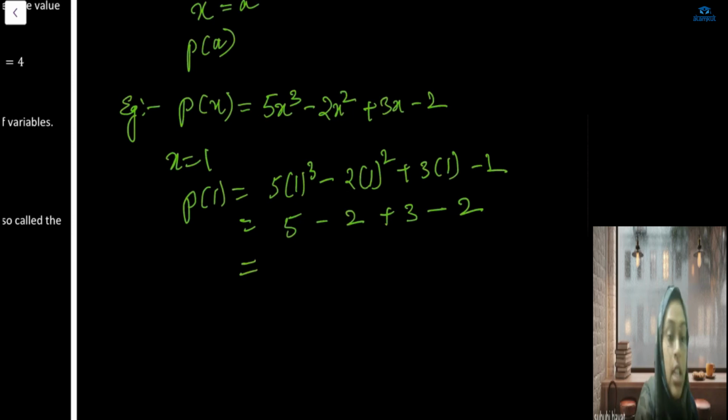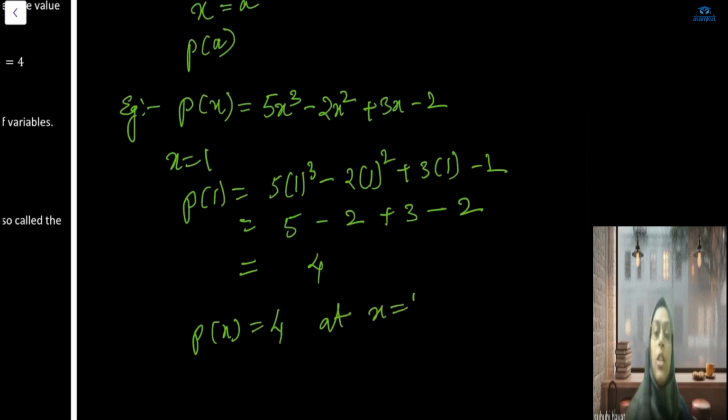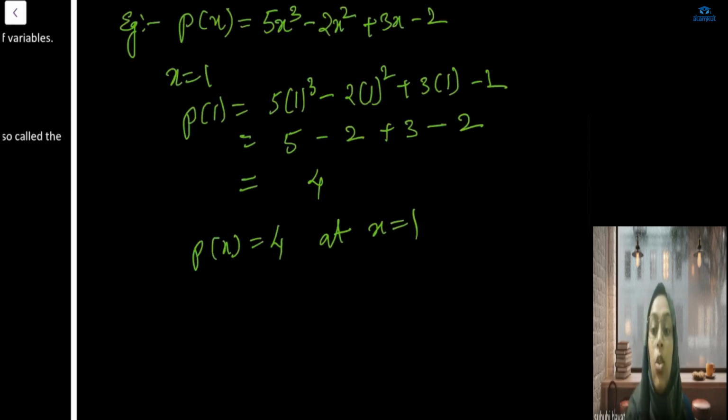You can see the value we get here is 4. So that is the value of the polynomial: p(x) is equal to 4 at x equal to 1.